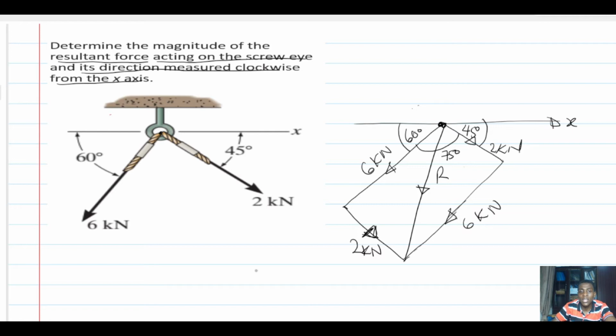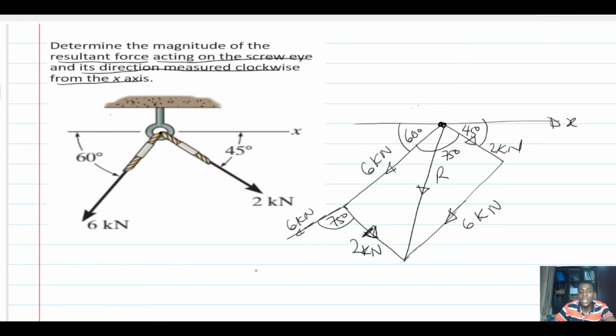Interestingly, what this means is that if I try to extend 6 kilonewtons in this direction, I'm going to get this angle. Clearly, these two angles are corresponding. So if 6 kilonewtons is making an angle of 75 with the 2, then if I extend 6 kilonewtons, I'm still going to get 75 right here.